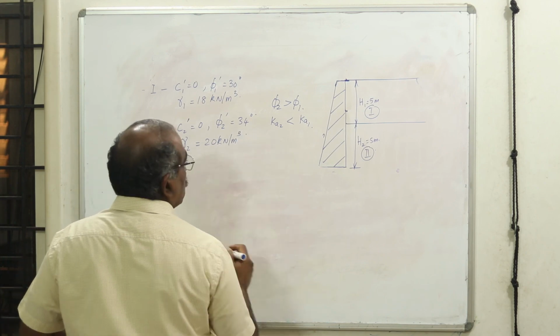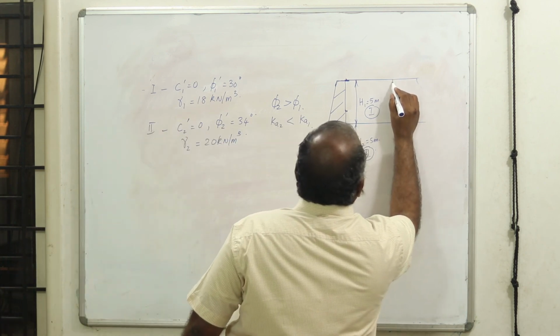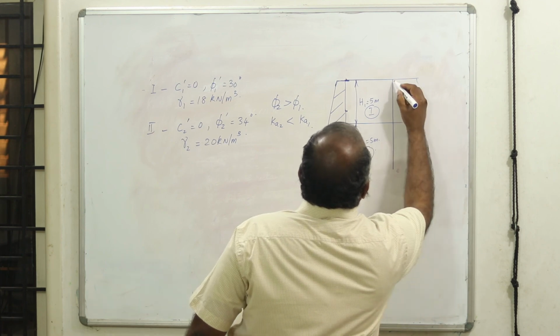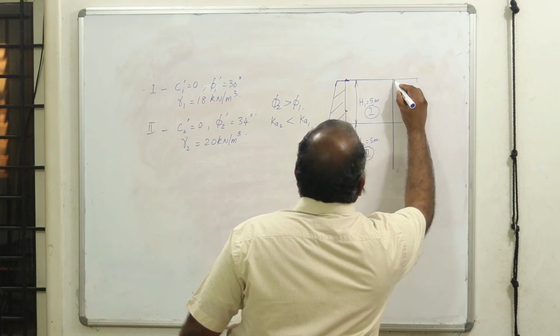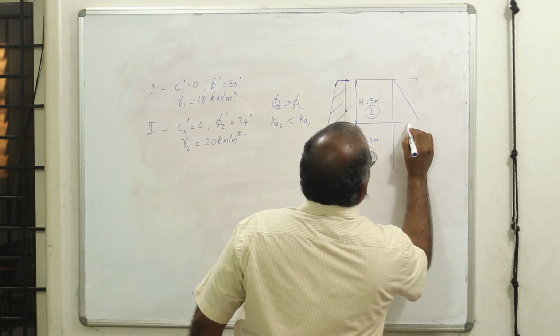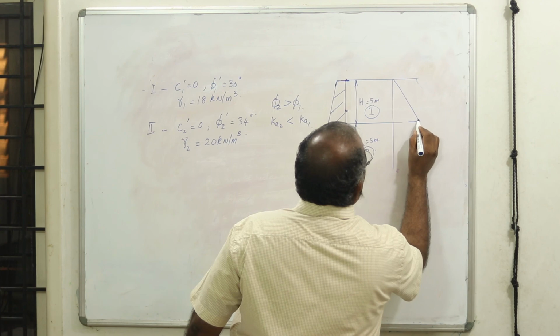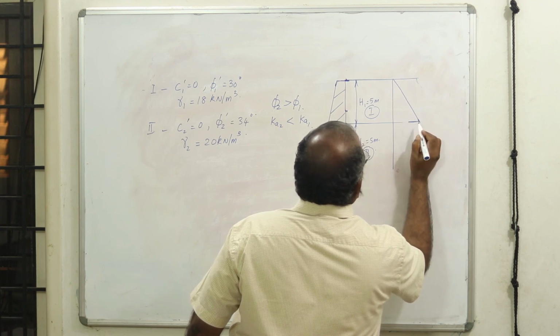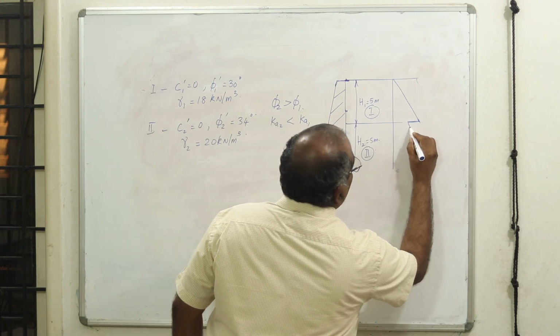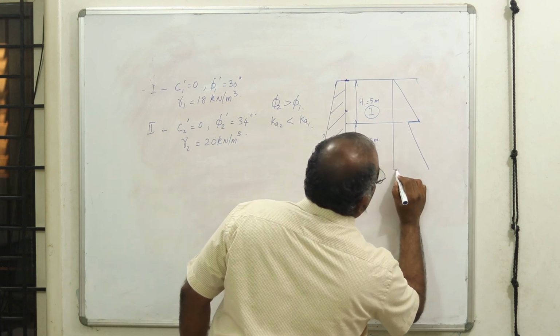Now for this condition, what happens? You will have to draw the pressure distribution diagram. If you understand this, then we will have a variation in your pressure distribution diagram at this. Okay, it is going to reduce because your K value 2 is less, therefore your value will be at the interface lesser.